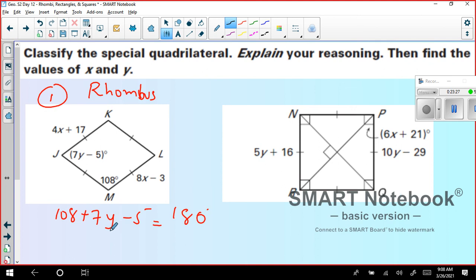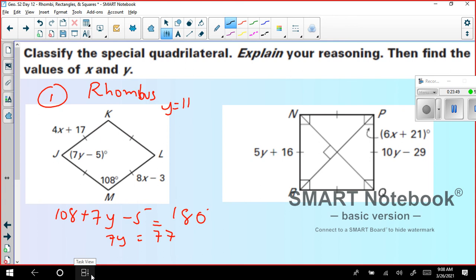So the next step, dividing by 7 on both sides, I'll get y equals 11. So for this problem I get y equals 11.